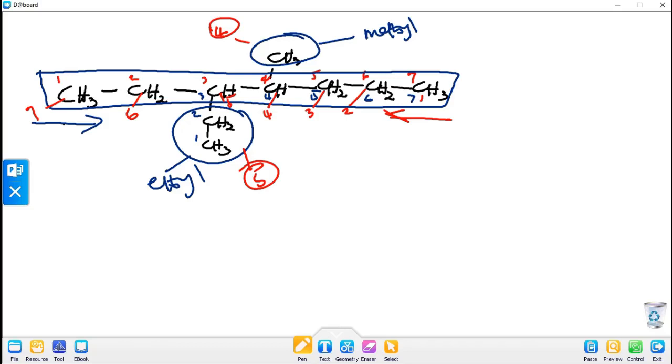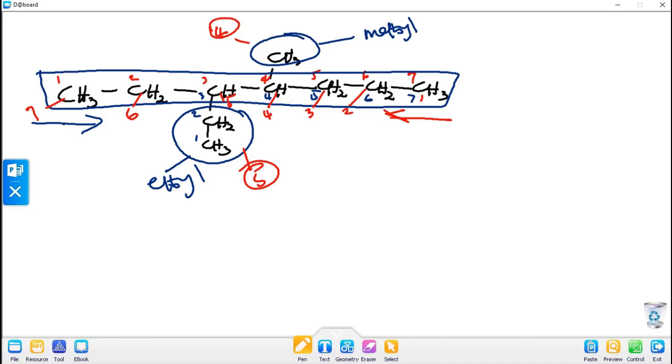So we are going to come from the side that will give ethyl the lowest possible number, and that is coming from the left. So if we start numbering from the left-hand side, that automatically gives ethyl a lower number. That is to say, ethyl will fall under carbon 3 because it is a larger side chain compared to methyl, which is at position 4. Whether coming from the left or from the right, it is still at position 4.